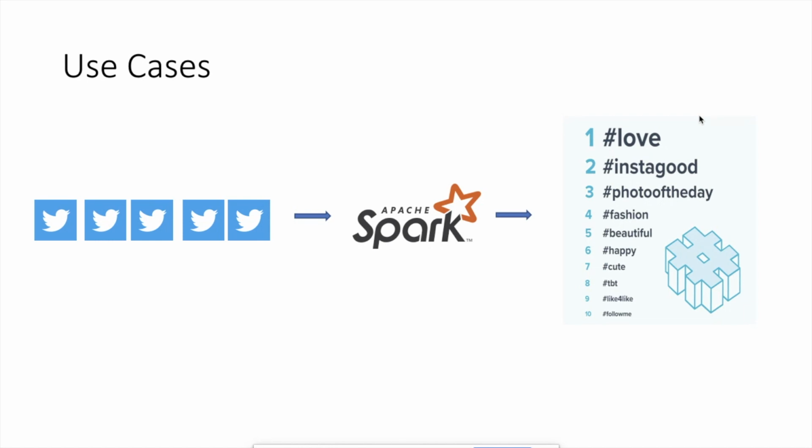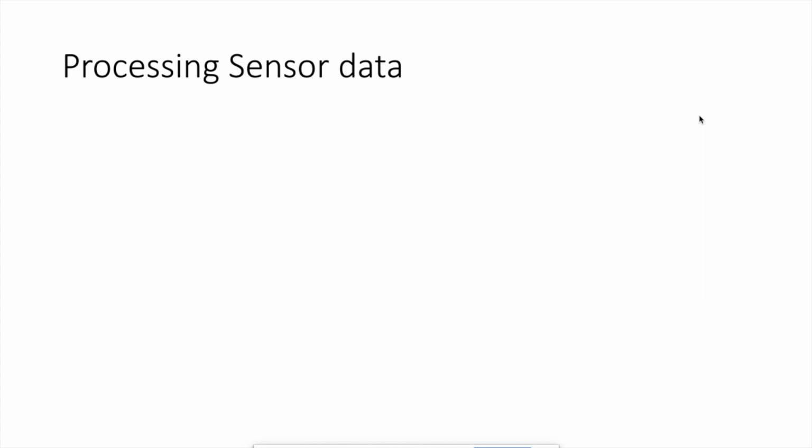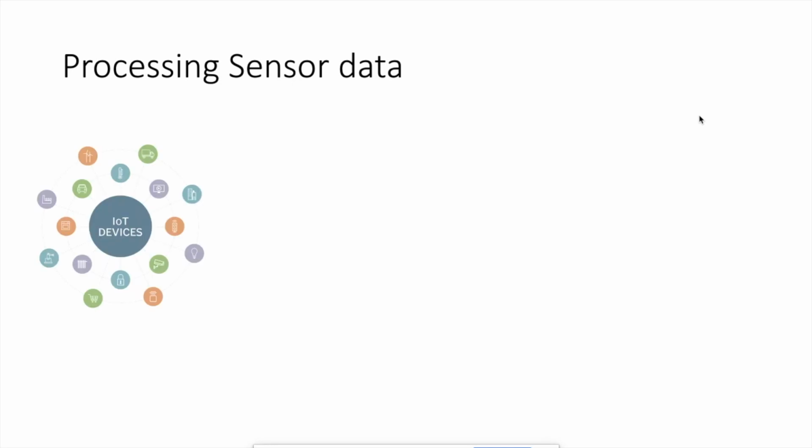This is one use case, which is a very simple one to explain to any person how Spark streaming can be used. Another use case which I generally explain to newcomers is processing sensor data. You get a lot of IoT devices which are posting data, say to a queue.